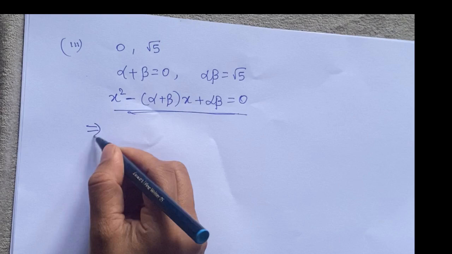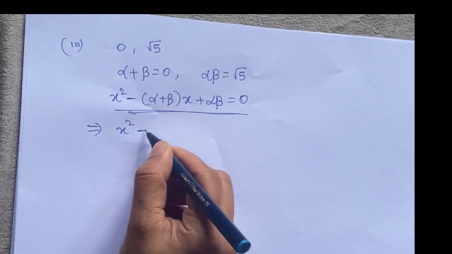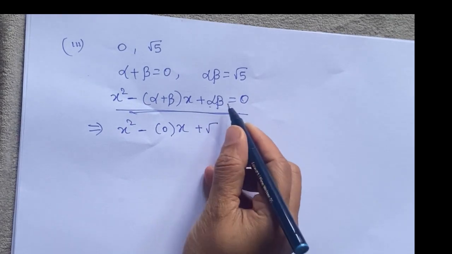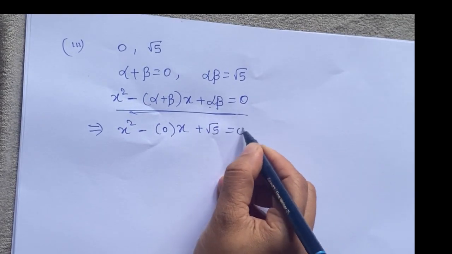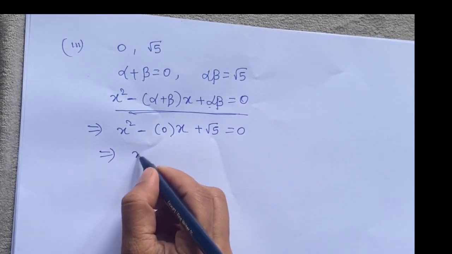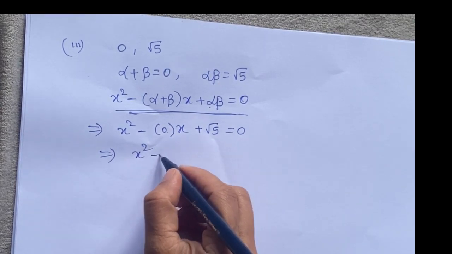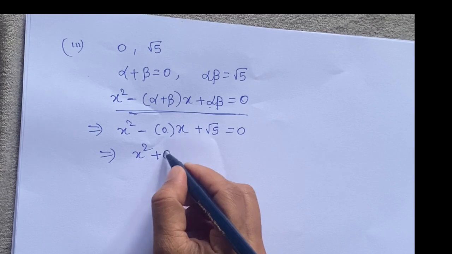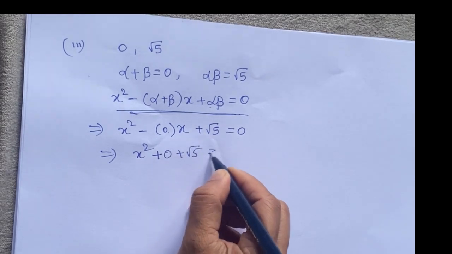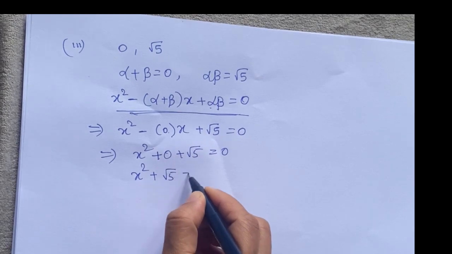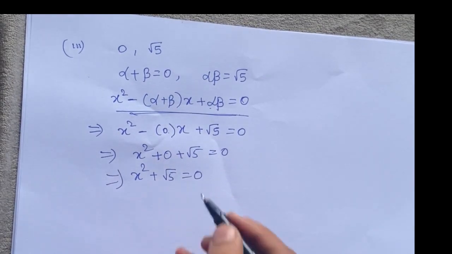Substitute alpha plus beta as 0 here: 0 into x. Alpha into beta is root 5, is equal to 0. x square, 0 into x is 0, plus root 5 is equal to 0.